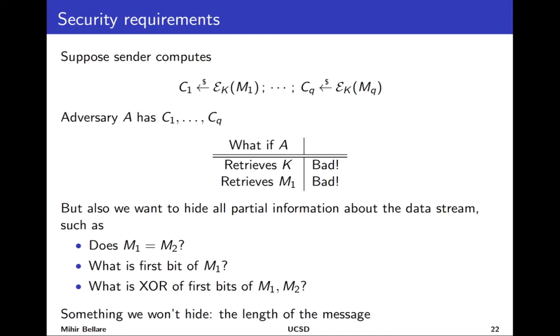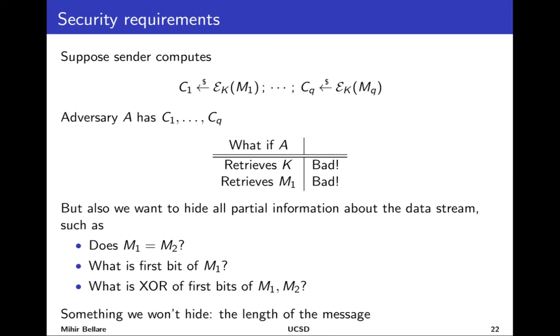What if it can figure out the first bit of a message? Should we worry about that or not? And one might say, well, who cares? It's just one bit. But in fact, good encryption ought not to reveal that. And if you actually want an example where it matters, just go back to the voting. So the messages are either all zeros or all ones. If you know the first bit, you actually know the whole message.